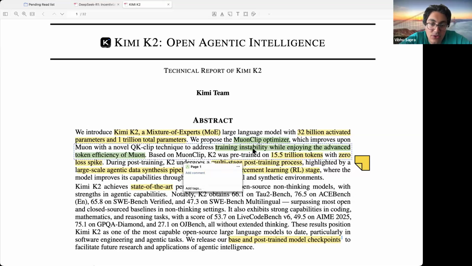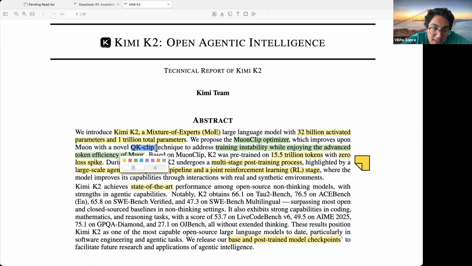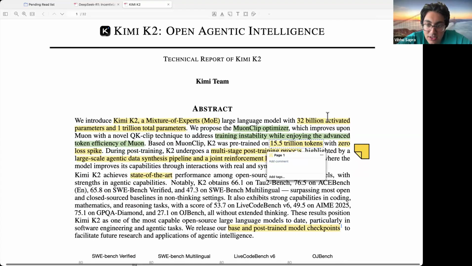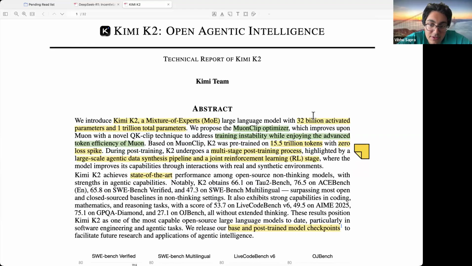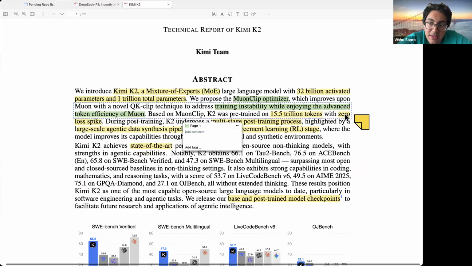What this leads to is very, very good training stability. So they have this QK clip technique where they're clipping attention gradients, and it's just very smooth training. Okay, so trained on 15 trillion tokens, trillion total parameters, 32 billion active parameters, very sparse. And then the big thing here is zero loss spikes, which is kind of crazy.